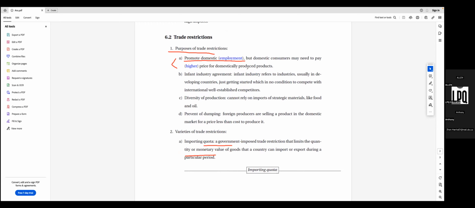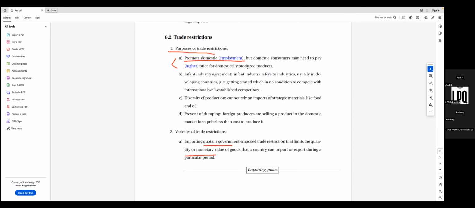If all the production process is done by Chinese workers, then naturally you can understand the American workers in the manufacturing sectors will lose their jobs, because everything is made by Chinese.